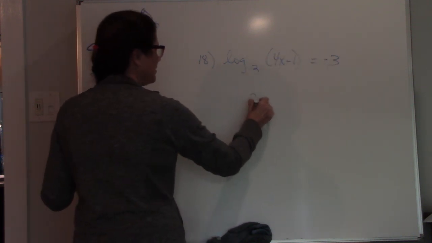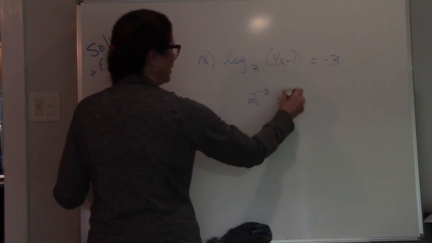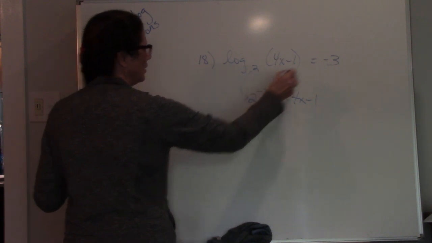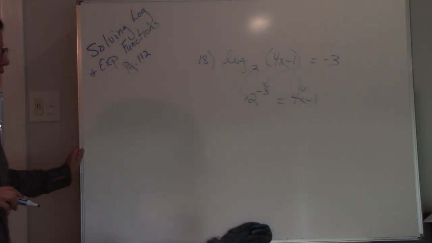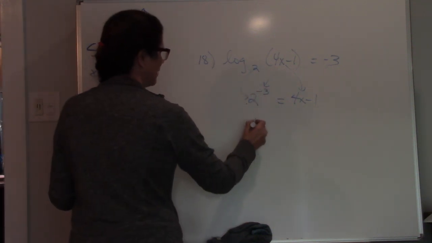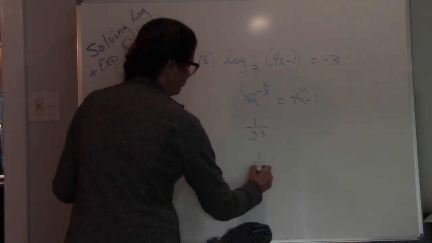This is my base. This is my exponent. This is my total. Okay, so base, exponent, total. All right, now I just solve it. 2 raised to the negative third is the same as 1 over 2 cubed, which is the same as 1 over 8.